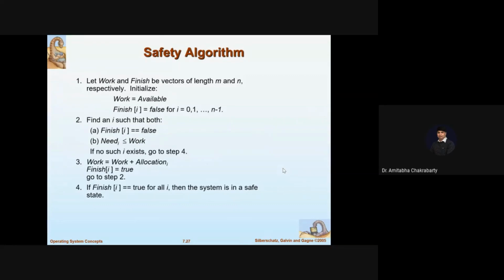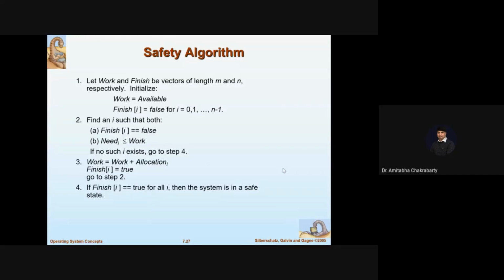Now that requirement is checked with the available number of resources or instances. If it is shown that the process cannot be allocated the required number of resources, then that process will have to wait.